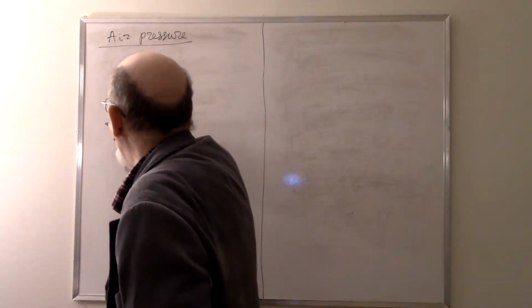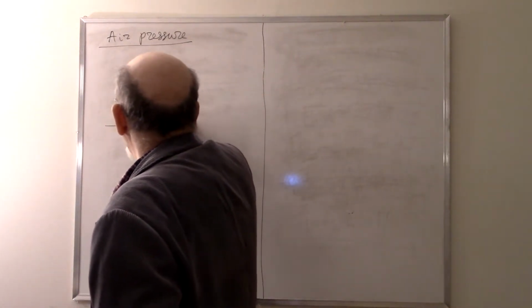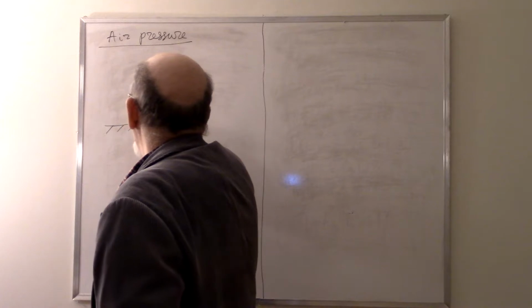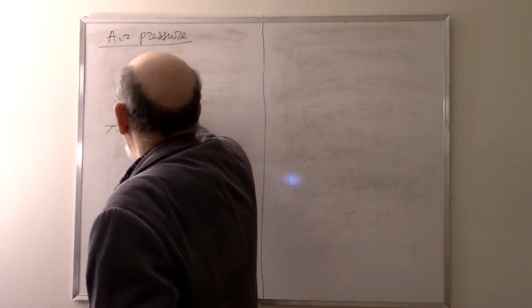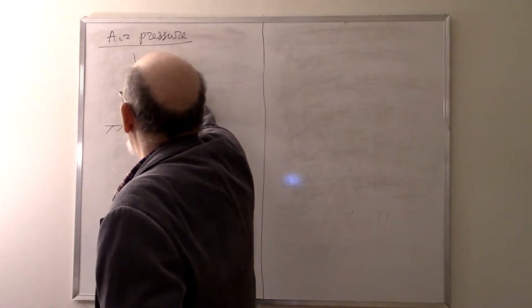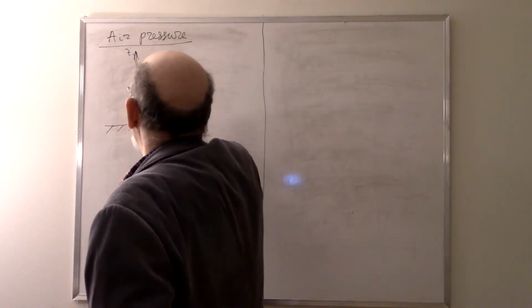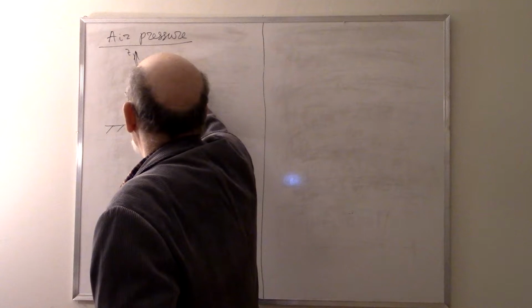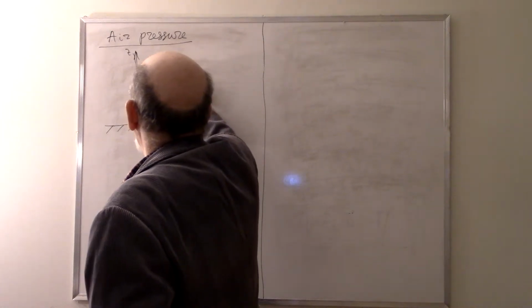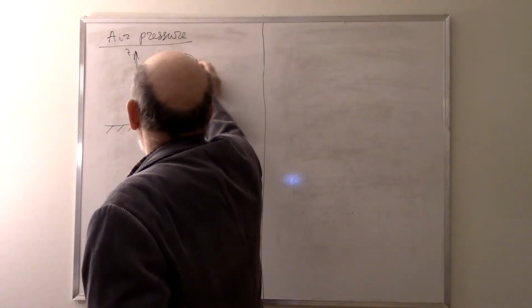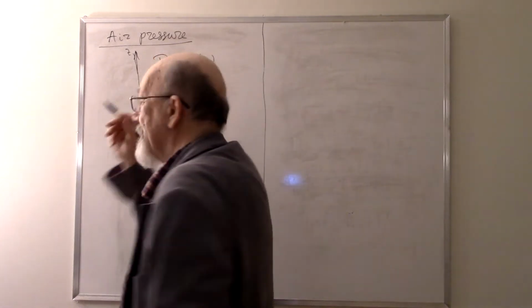So consider the pressure of the air in the atmosphere as a function of vertical coordinate z. So the function pressure as a function of z.